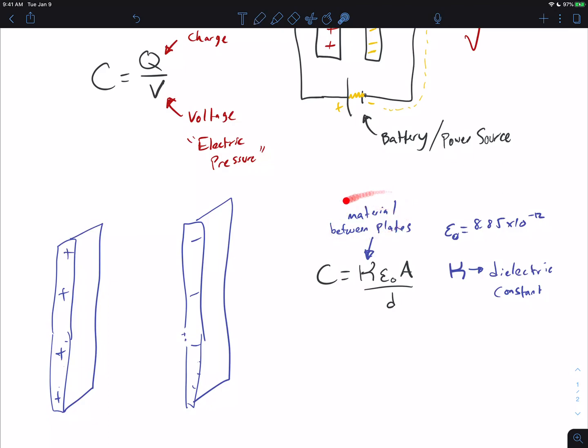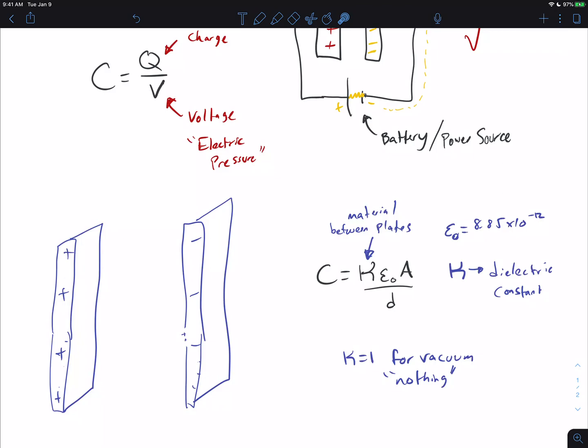Whatever my plates have in between them is going to dictate this value right here. Just so you know, most of the time we're using K equals 1 for vacuum. This is nothing. There's nothing between my plates. I'm only looking at the size of them and what voltage is on them. So my K equals 1 here, if there's nothing in between my plates.